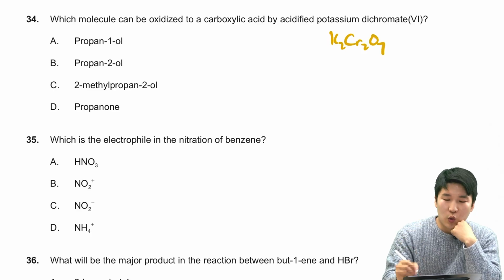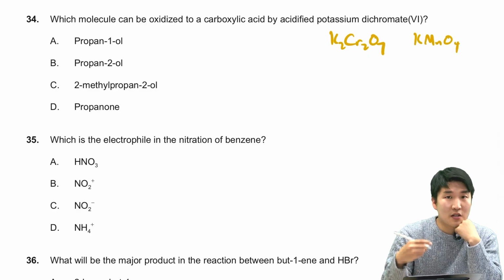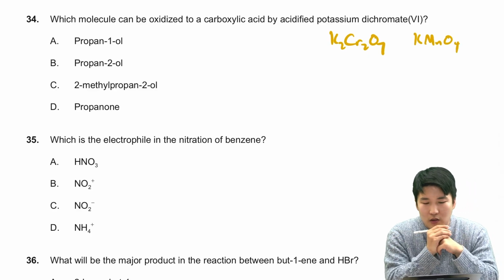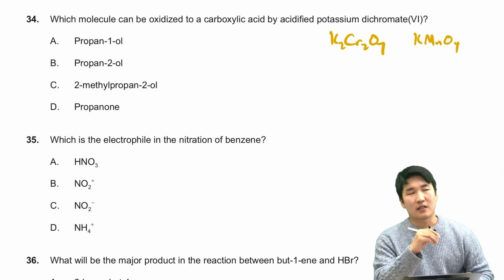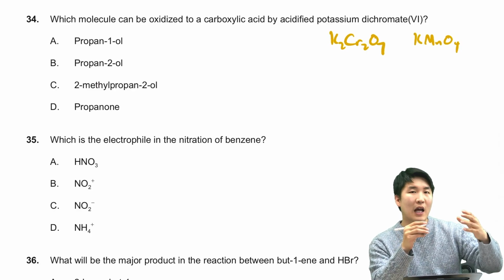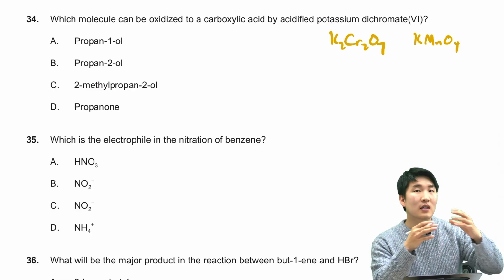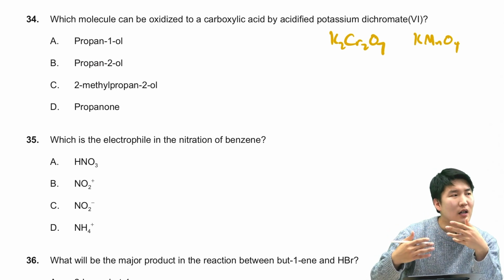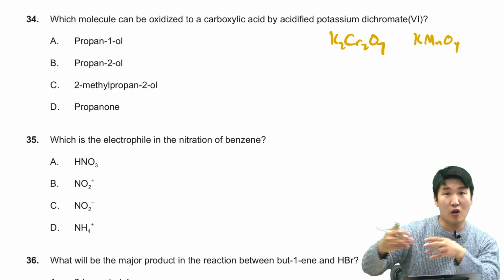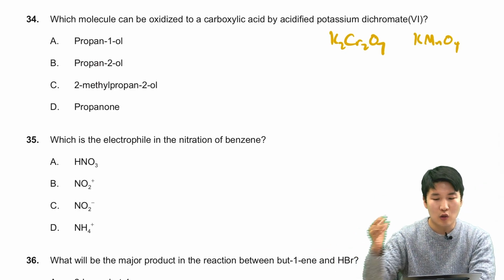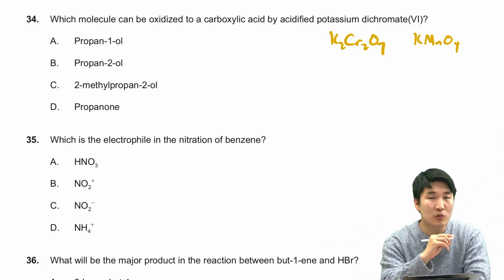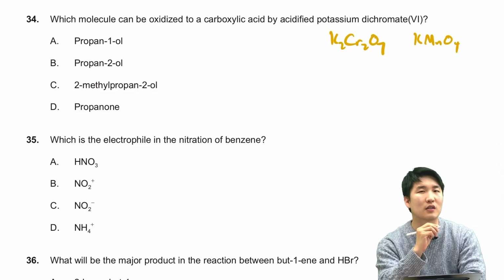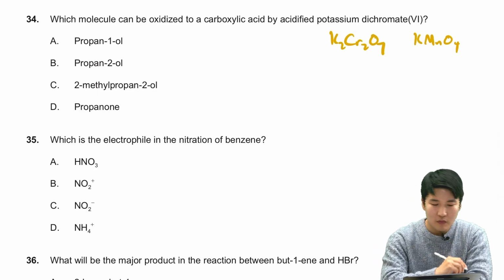Oxidation of alcohol to produce carboxylic acid, we'll be using oxidizing agent potassium dichromate, K2Cr2O7, or KMnO4, potassium manganate. What we need to recognize is that there's a difference between how primary alcohols can be oxidized to aldehyde first, and then further oxidized to carboxylic acid, while secondary alcohols can only be oxidized to ketones.